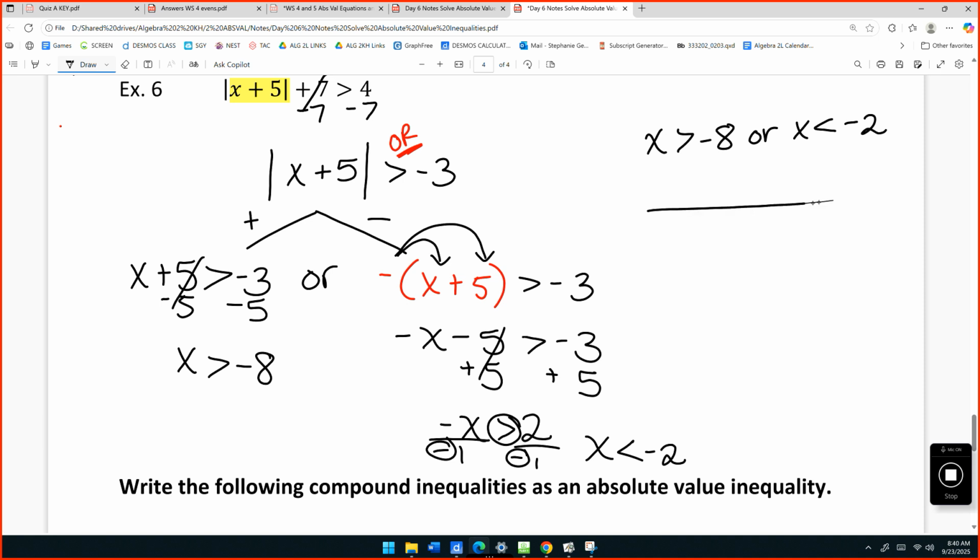And let me practice graph this one. Greater than negative 8, open circle, going to the right. Less than negative 2, open circle, going to the left. And it's or, so numbers get invited to the solution set as long as they satisfy at least one of these. So what numbers are invited to the solution set?